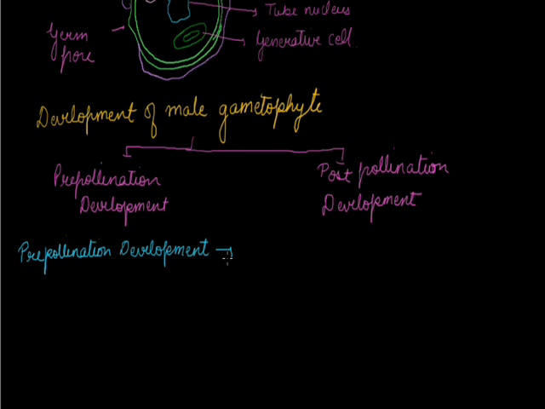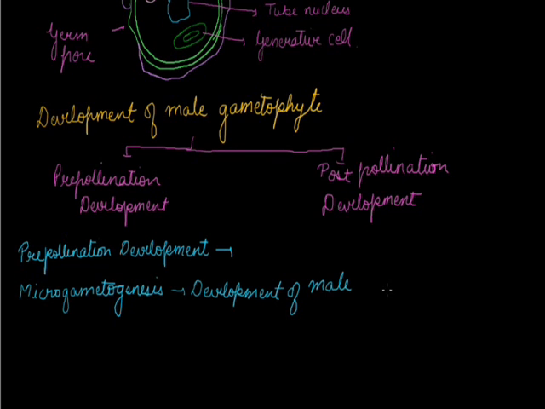In pre-pollination development, first we are dealing with the term microgametogenesis, that is development of male gametophyte from pollen grains.